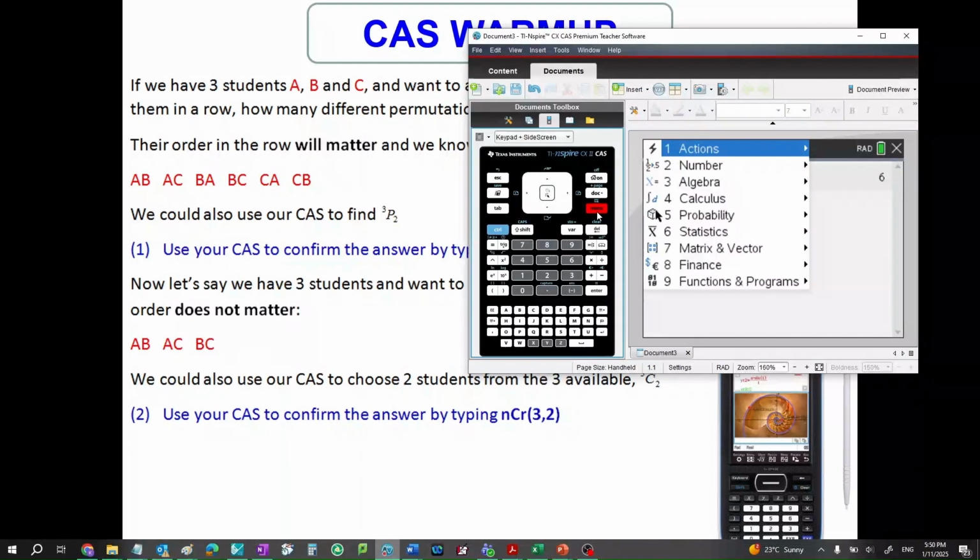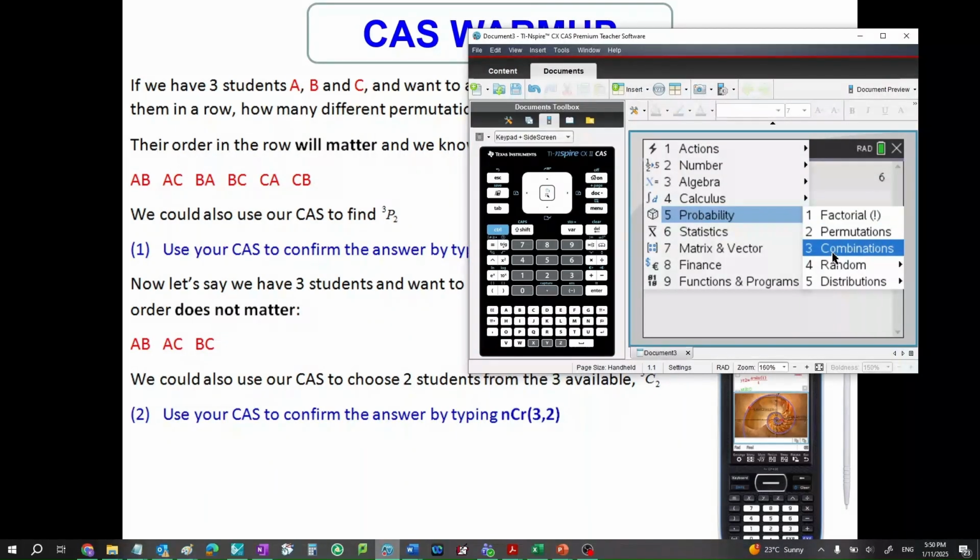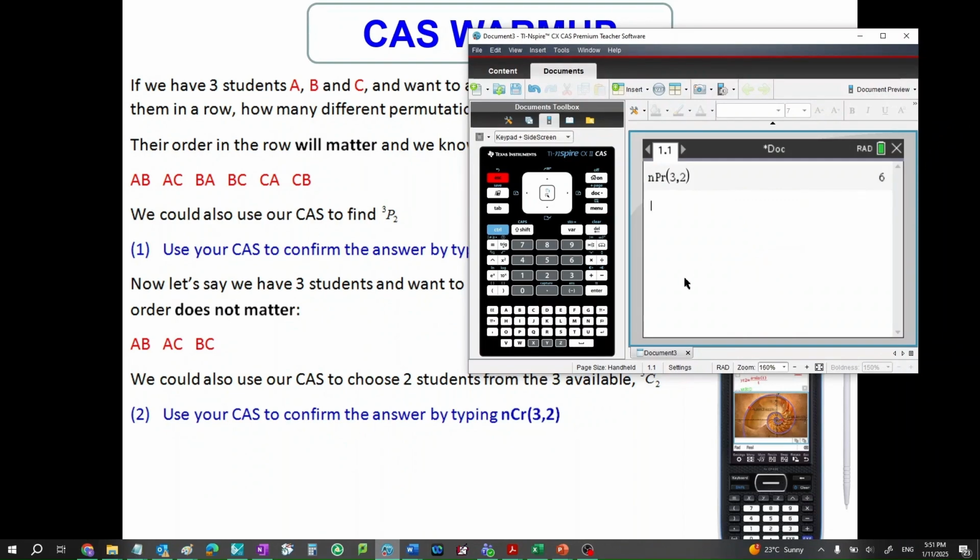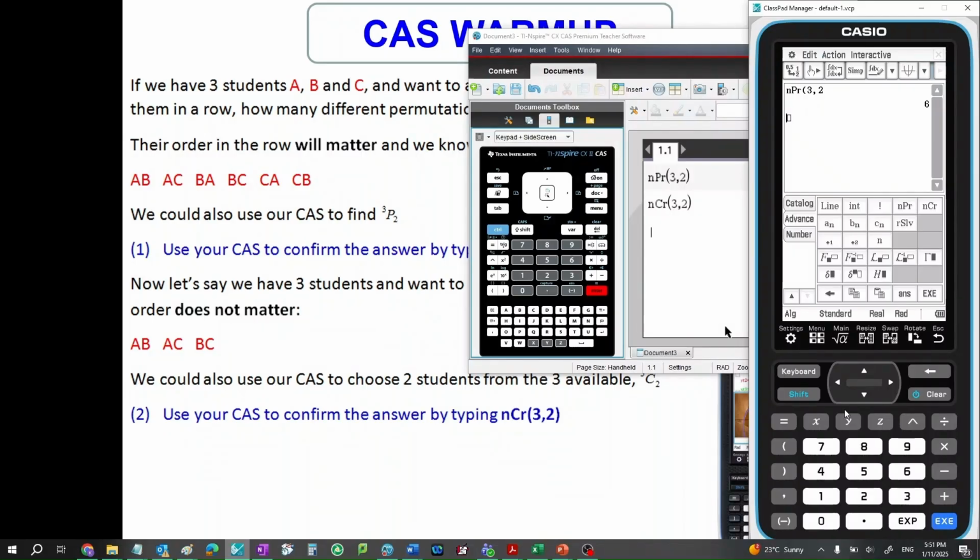Now, it's in the same location, probability, combinations, or you can just type it in nCr, 3 choose 2, and we get 3. Same on ClassPad. I'm right here, so nCr 3 choose 2, and we get 3.